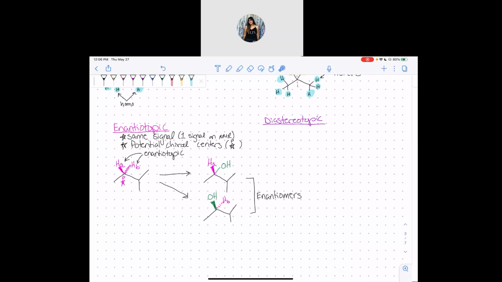So I like to relate things to bio. Fun fact about bio. Enantiomers are important because all of our receptors and enzymes are chiral, right? So all of your receptors are actually super stereoselective.